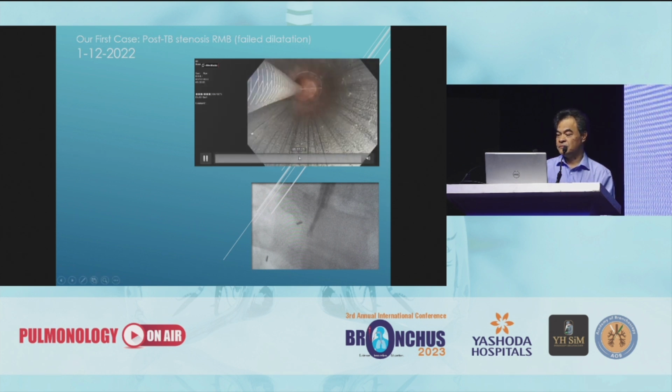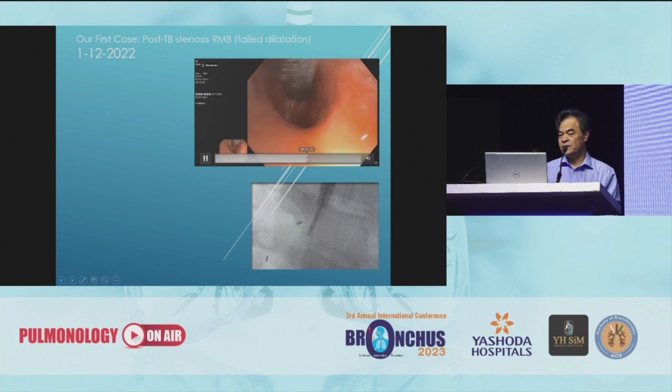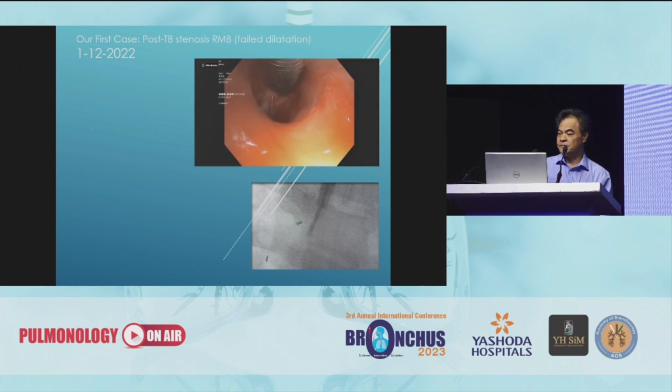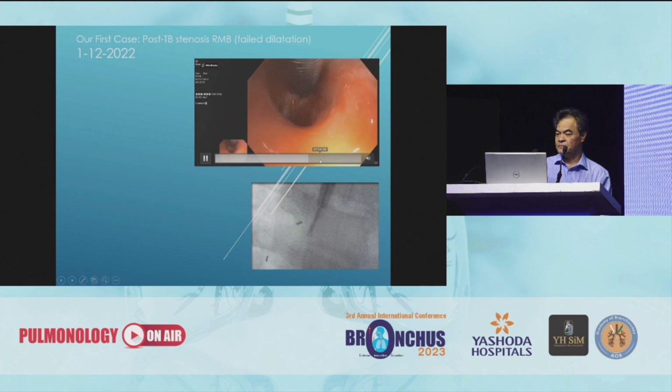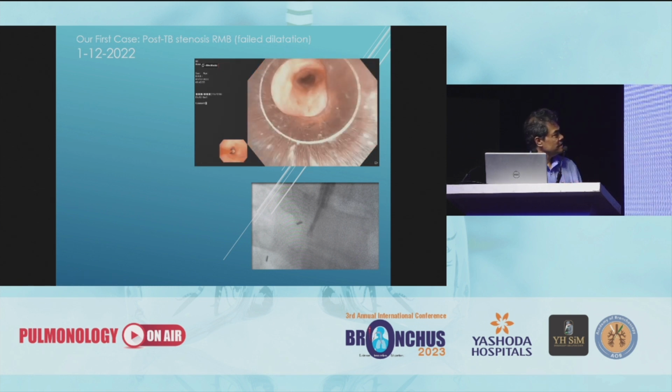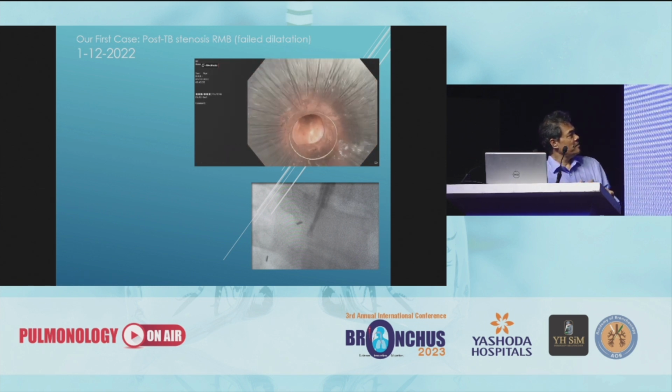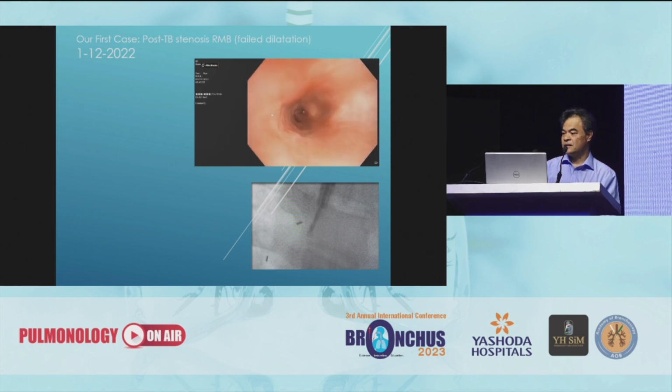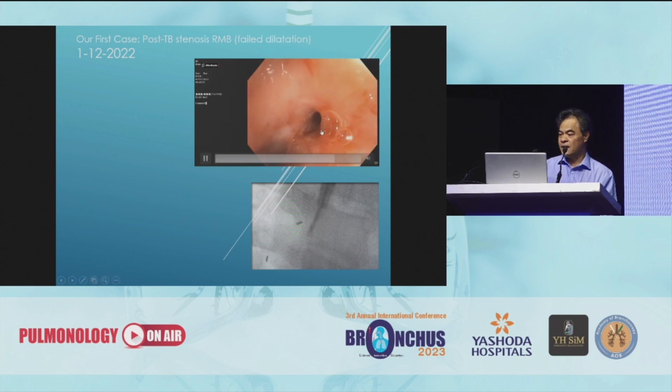And we put it into the right main bronchus, into the ostium. So the deployment is almost the same as the deployment of a metallic stent, I think. And that's what it looks like after deployment.